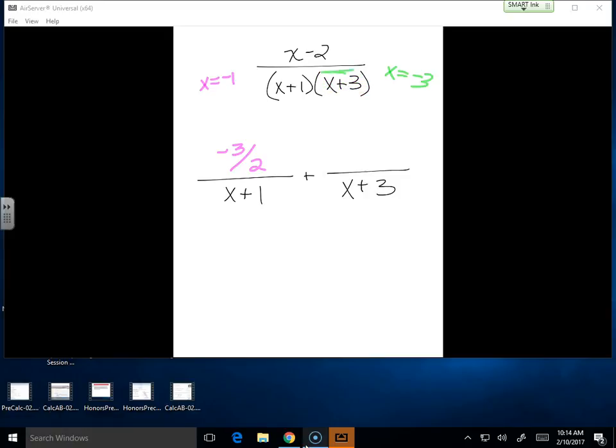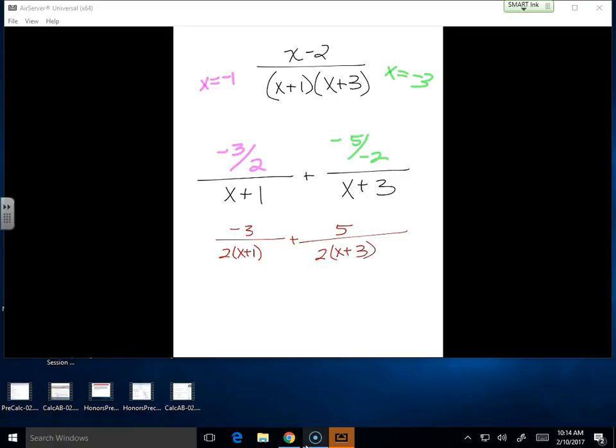Okay, plugging in -3. -3 minus 2 over -3 plus 1. Isn't that cool? A negative over a negative is a positive, so I end up with negative 3 over 2 times x plus 1 plus 5 over 2 times x plus 3.